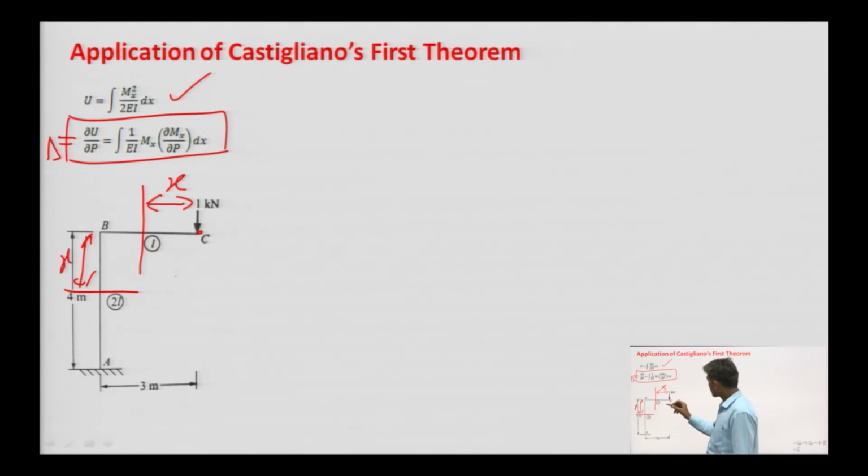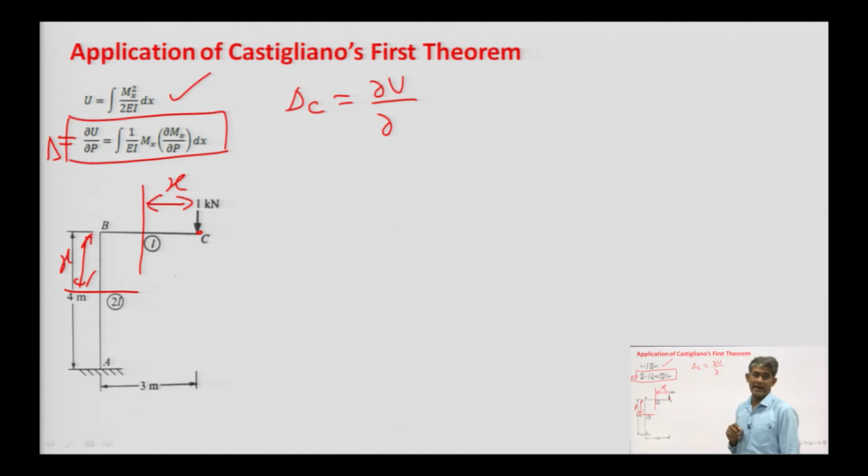So, for the segments, here delta C will be del u by del, now which load should I take? Replace this load by W first of all, W or P, whatever you like.